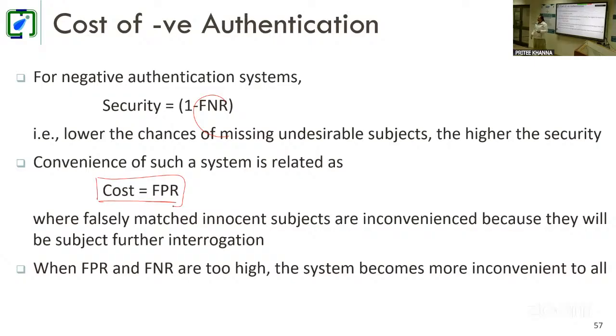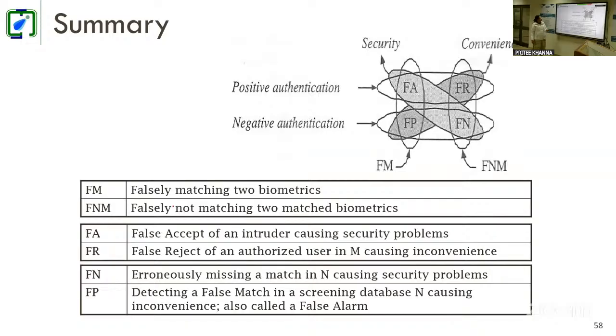So this is just a summary of positive authentication, negative authentication, false accept, false negative, false reject, false positive. Everything is summarized here. If you move to this corner, convenience is more; moving to this corner, security is more.